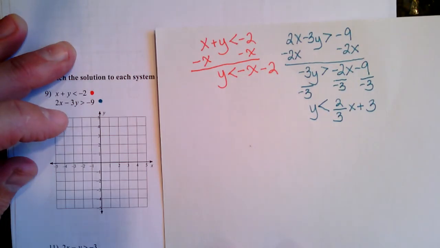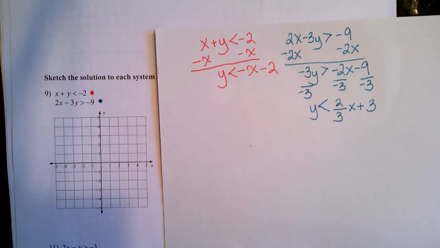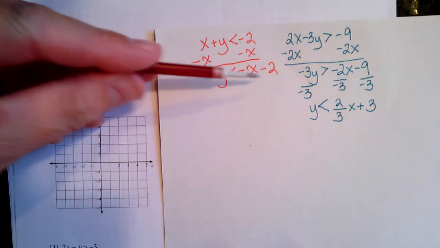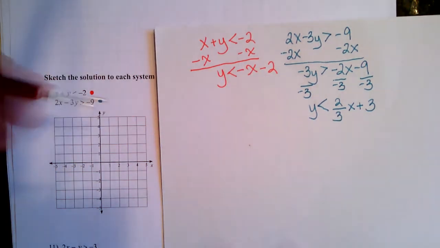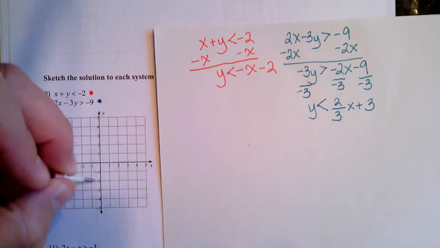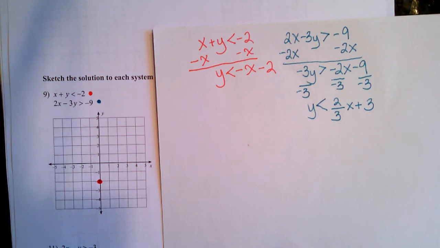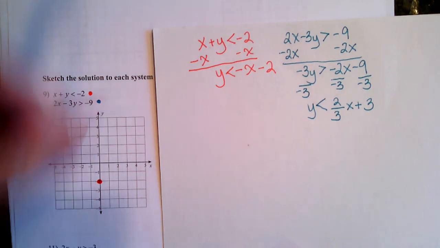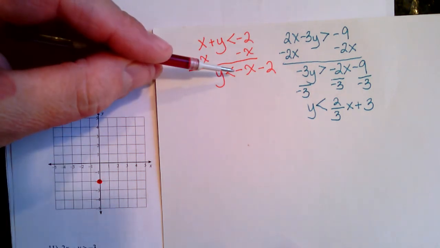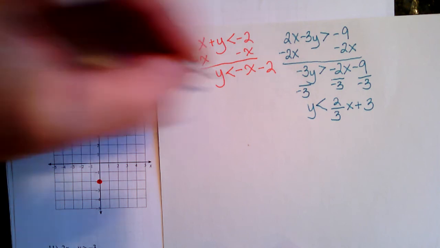So let's start with the red graph. Remember, you're going to go to your y-intercept. In this case, it's -2. Draw my point at -2. And then I'm going to employ my slope, or make my slope triangle, which is -1, right?